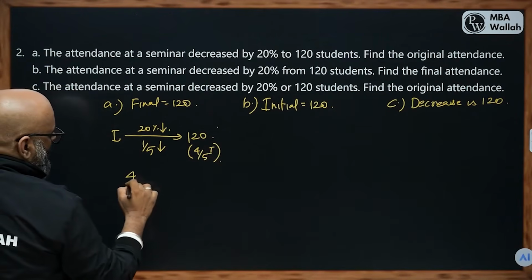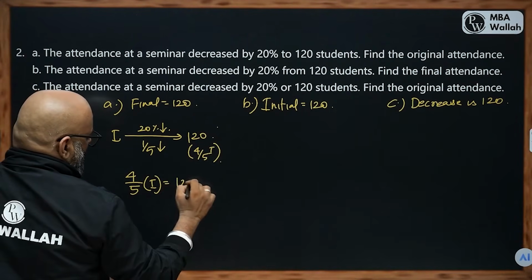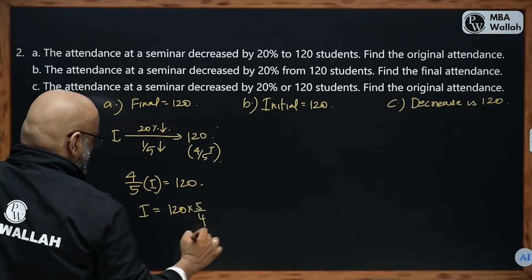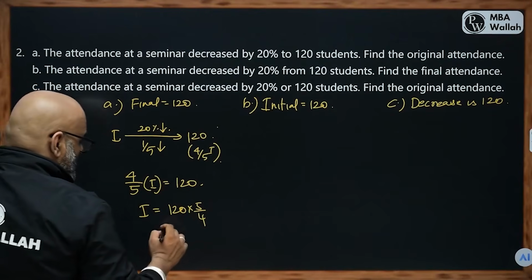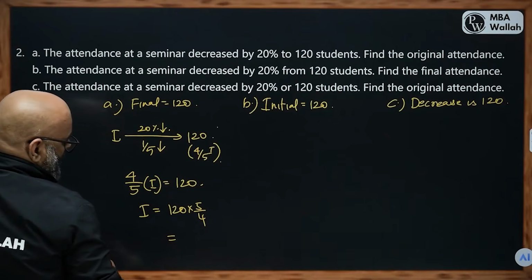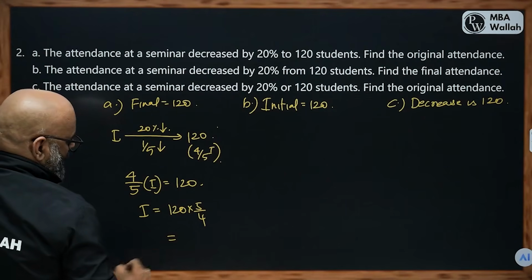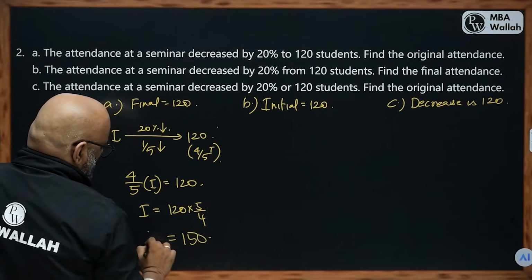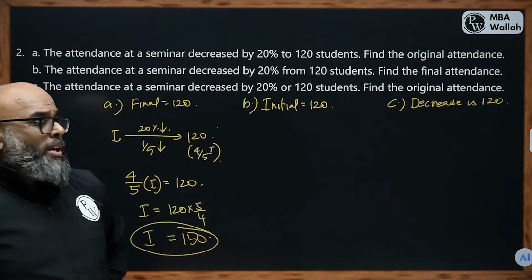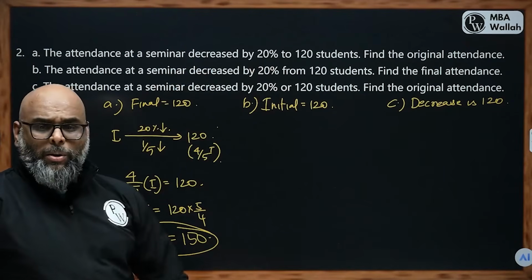So I can say 4 by 5 of initial is equal to 120, or my initial value is 120 into 5 by 4. 120 into 5 is going to be 600 by 4, 150. So the original attendance, initially there were 150 students, then dropped by 20%, which is 30, and went to 120 students.